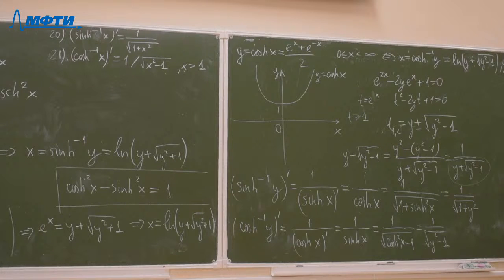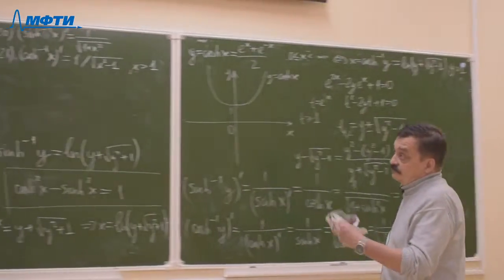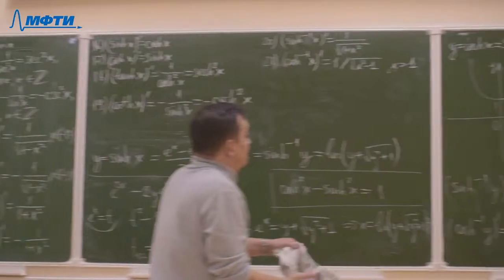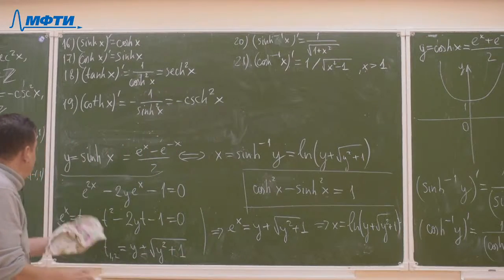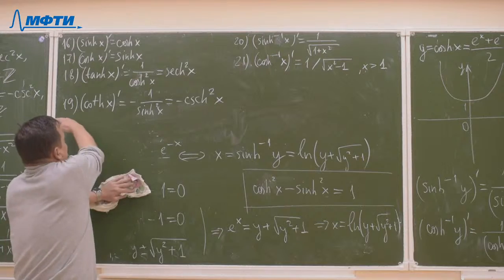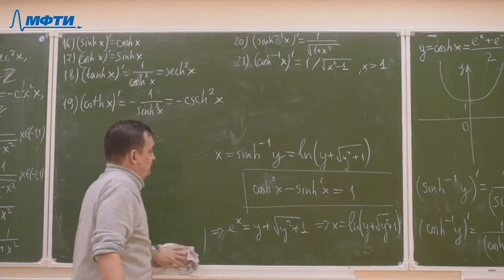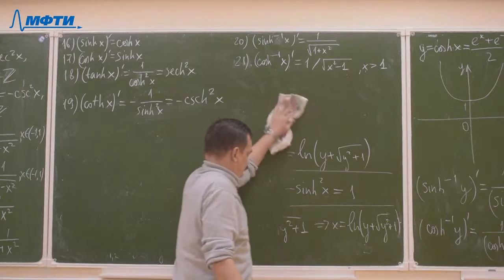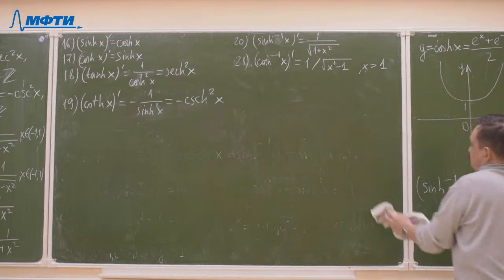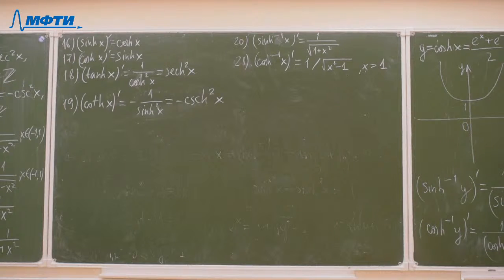And of course we can proceed in a similar way with tan hyperbolic and cotan hyperbolic. In fact, all those formulas after 19 are not obligatory. You don't need to remember them.